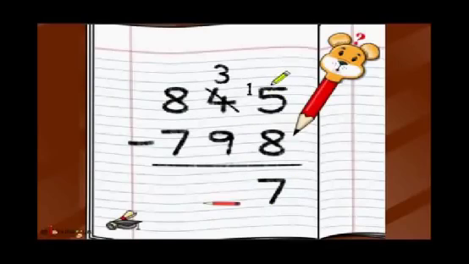Moving on from the 1's position, now we move to the 10's position. Start doing the same thing again. 3 minus 9. Don't look at 4. 4 is crossed. 3 minus 9. Can I do that? No, because 9 is greater than 3. So again do the exact same thing. 3 tells its neighbor 8, can you please give me 1 from you?